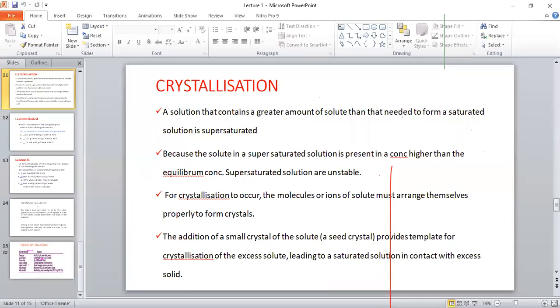So adding a little solute to what you already have becomes like a seed crystal that enhances crystallization, leading to a saturated solution in contact with excess solid. Like I've told you, when you have such, crystallization takes place.